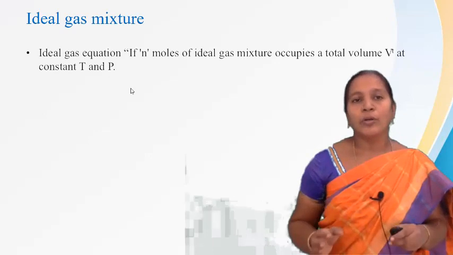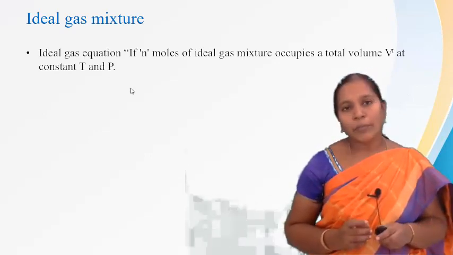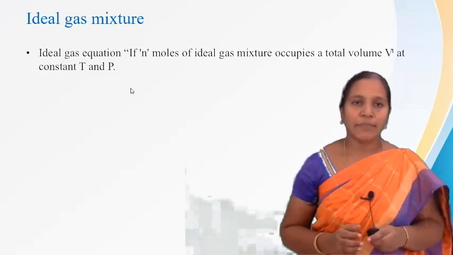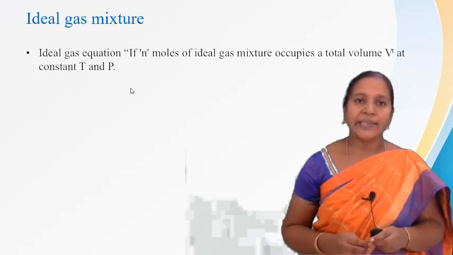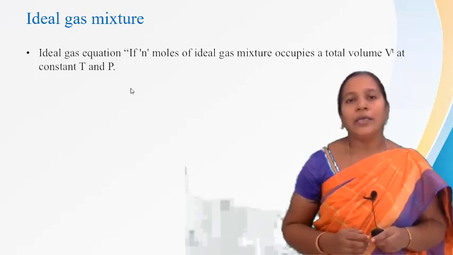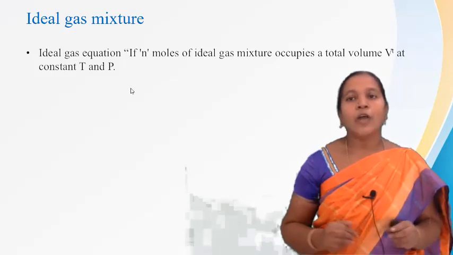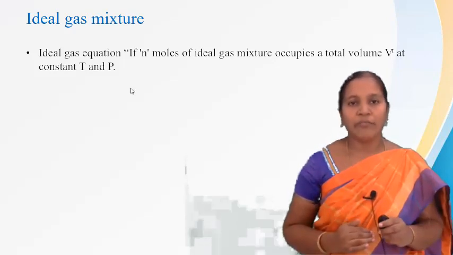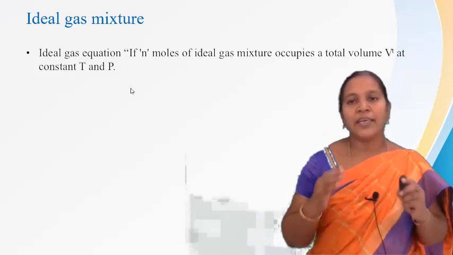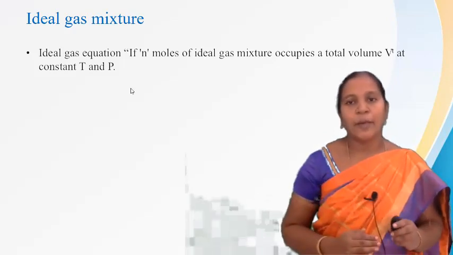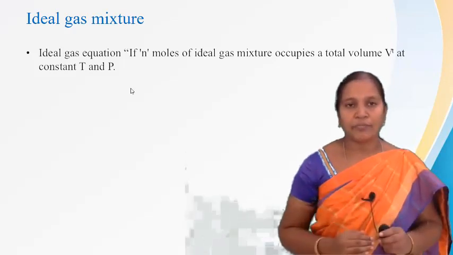Now coming to next topic, ideal gas mixer. If n moles of an ideal gas mixer occupy a total volume Vt at temperature T and pressure P is expressed as P is equals to nRT by Vt.